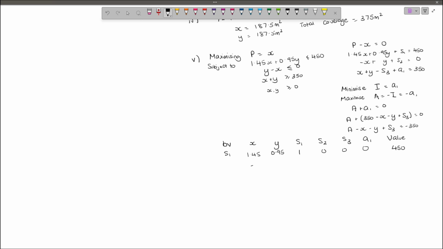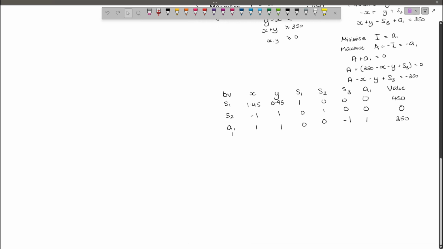We've got negative x plus y plus s2 is equal to 0. And we've got x plus y subtract s3 plus a1 is equal to 350. We've got basic variables s2 and a1 here.